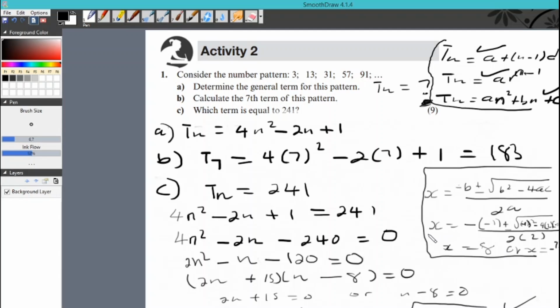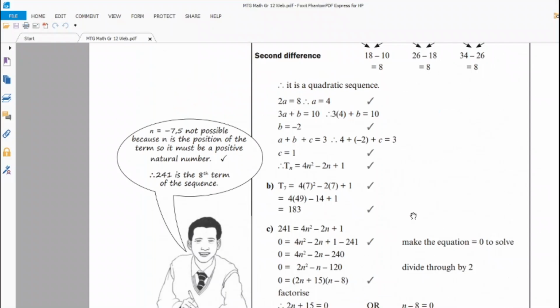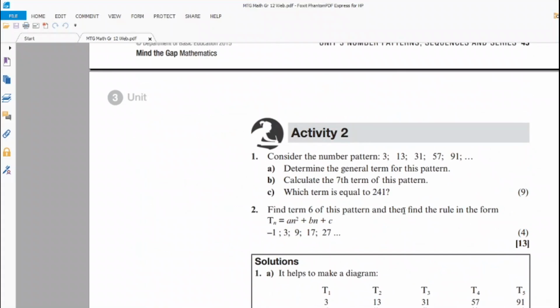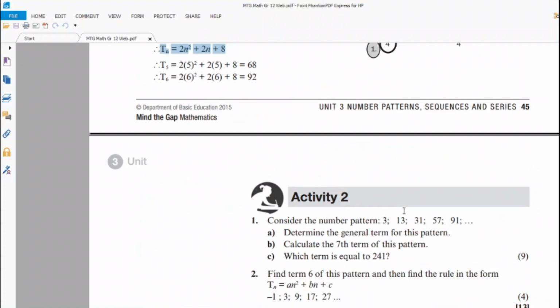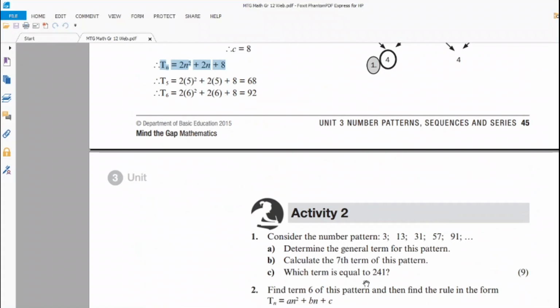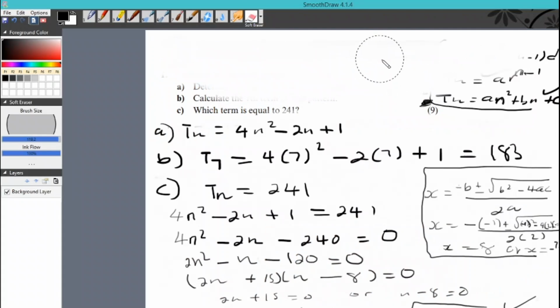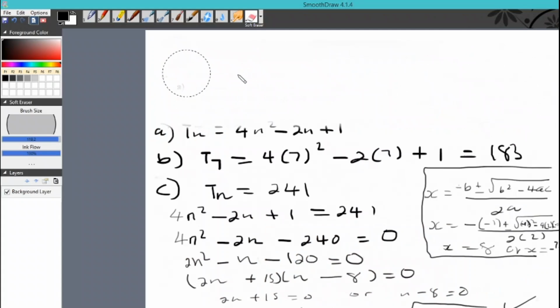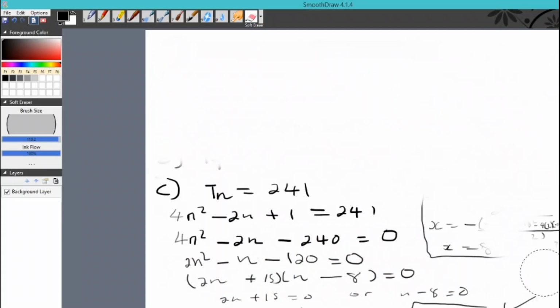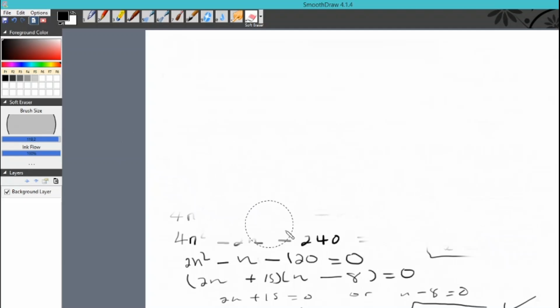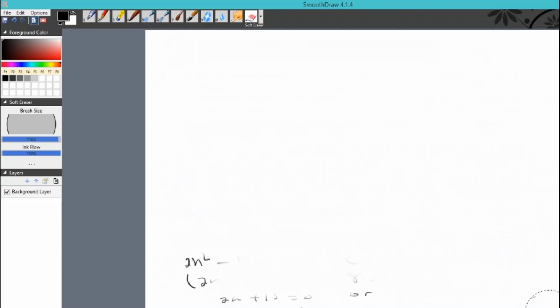Okay, yeah, that's it with question 1 of activity 2. Moving on to question 2 of activity 2. So let's then do question 2.